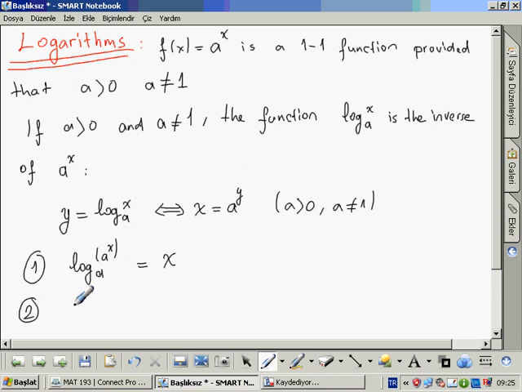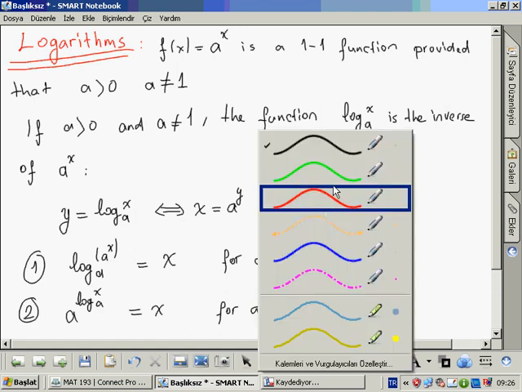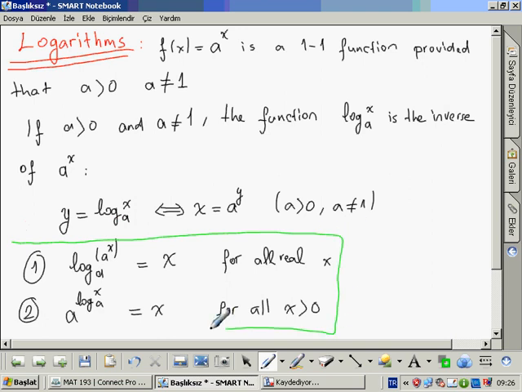And the second identity: a to the logarithm of x to the base a equals x, for all x larger than 0. These are the cancellation identities.